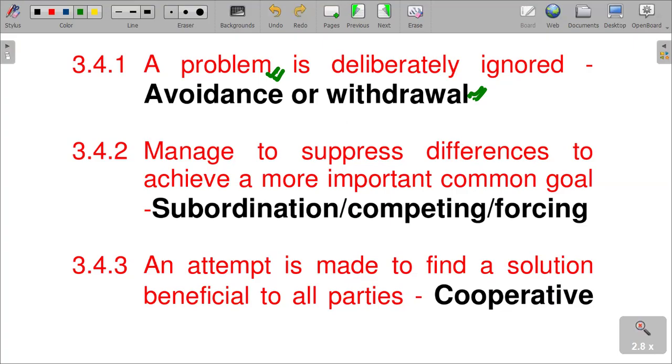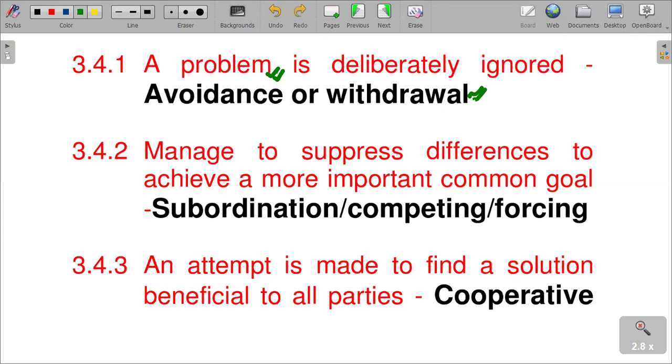Subordination is to make sure that people reporting to someone senior are able to submit and understand what is being brought on the table.